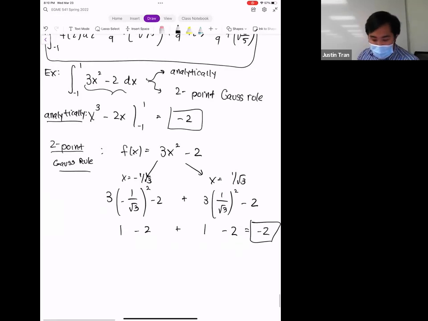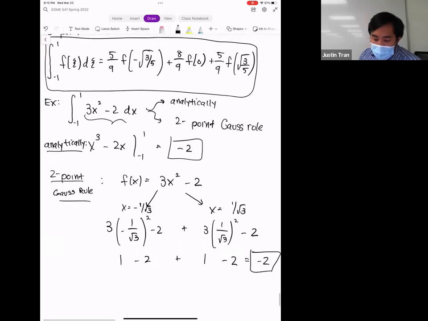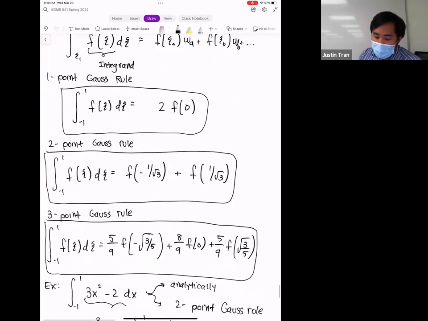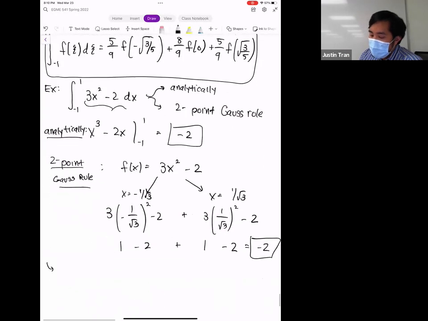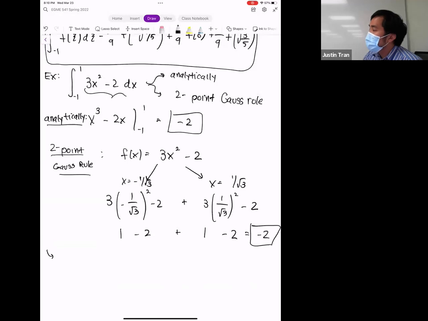Okay. And so probably one thing that you're wondering is that all the integrals that we've been doing are only between -1 and 1, right? And it would be a good observation. One thing that I haven't said yet is that for Gauss quadrature, these locations and these weights are only valid when the integration bounds are -1 to 1. Okay?